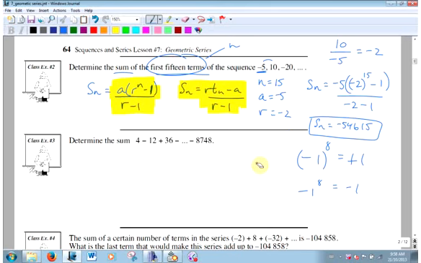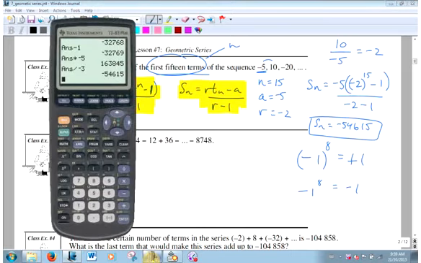Yeah. I can divide this by this. But remember, that negative 5 applies to everything in the brackets. Alternatively, you could go negative 5 times negative 2 to the 15, negative 5 times negative 1 plus 5. But I think the way I did it on my calculator is probably the most straightforward way. Okay? All right?